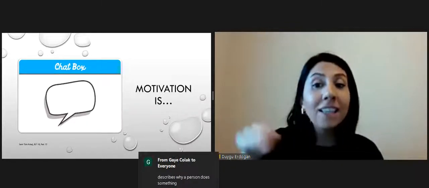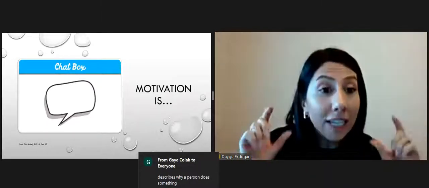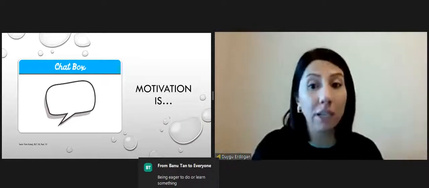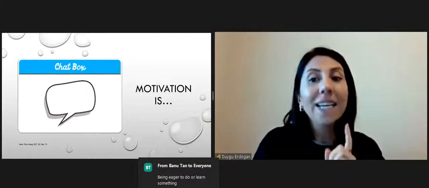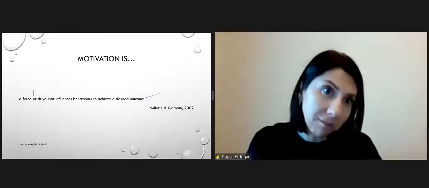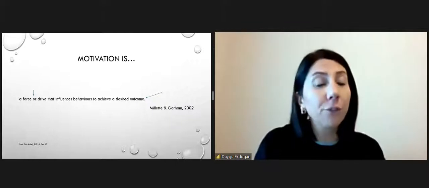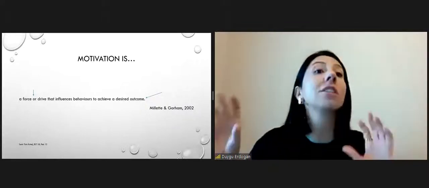So all of these things that you say, like we always need, it describes why a person does something, are the keywords that we need to put into our classrooms as well. Okay, being able to do or learn something. Definitely. Now, the definition says that it's a force or drive that influences behaviors to achieve a desired outcome.